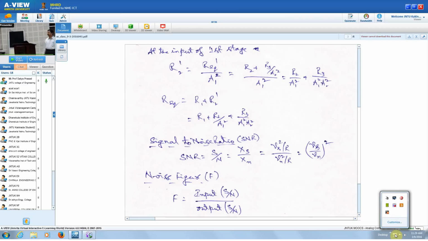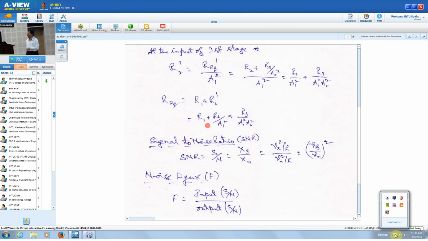If A1 and A2 are very large, then this R equivalent will be R1 only. Right? If R1 is a small value, then your overall noise performance will be better, because if R1 has a small value, your Vn is small. Or R equivalent is small when A1 and A2 are very large.